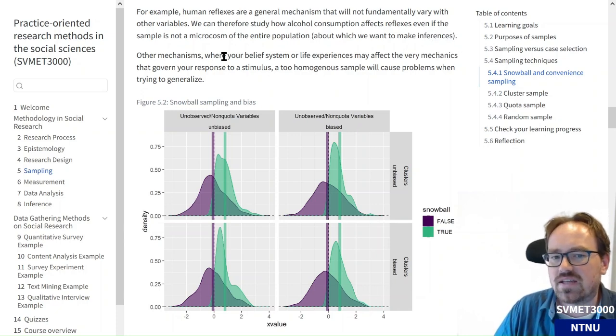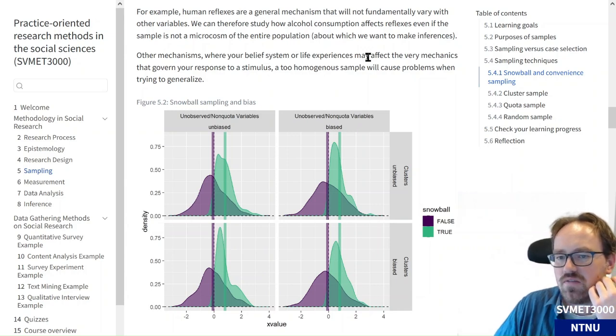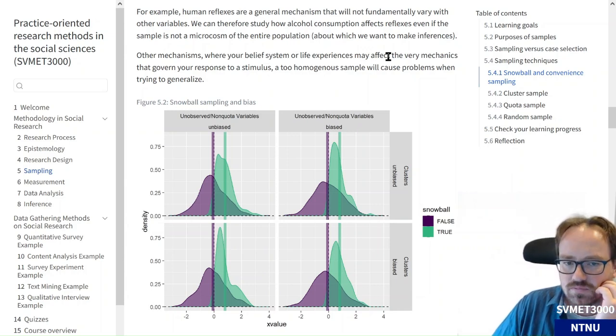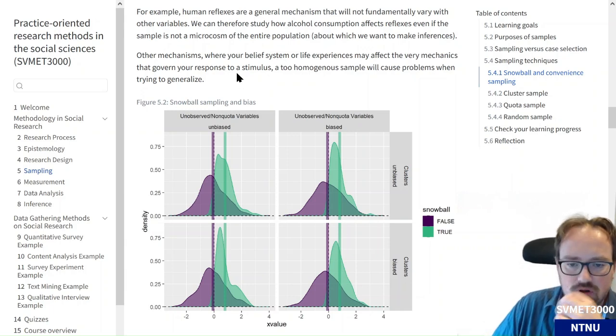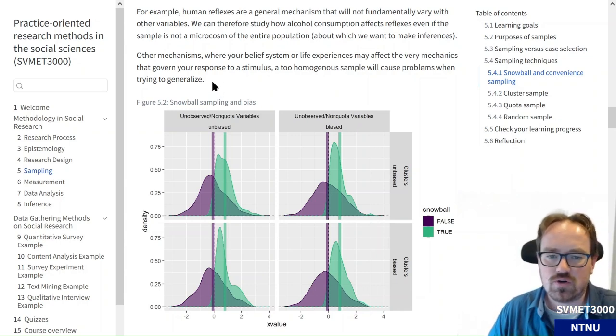Other mechanisms where your belief system or life experiences play a bigger role, a too homogeneous sample may cause problems when trying to generalize. Then you will have to look for other samples of other subgroups or test it with a more diverse sample.